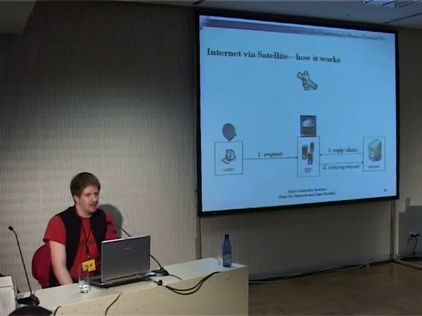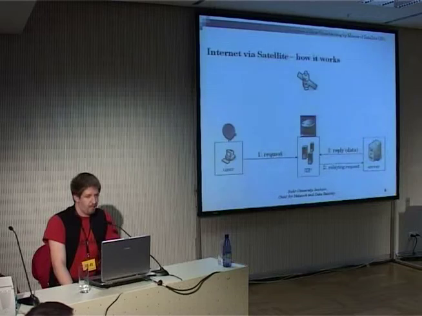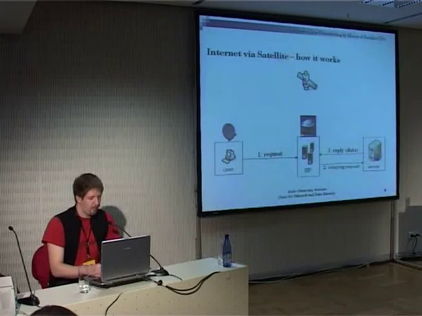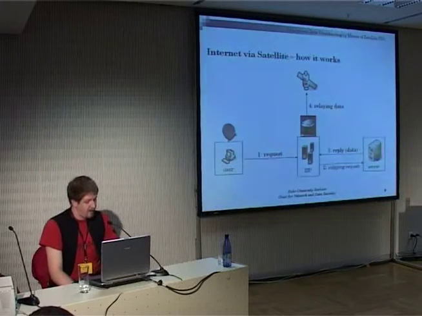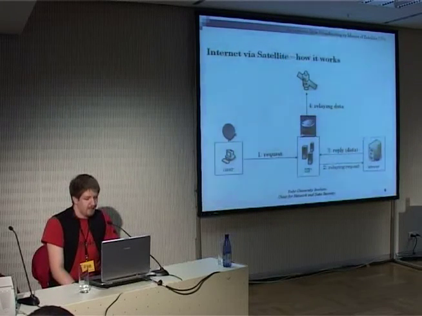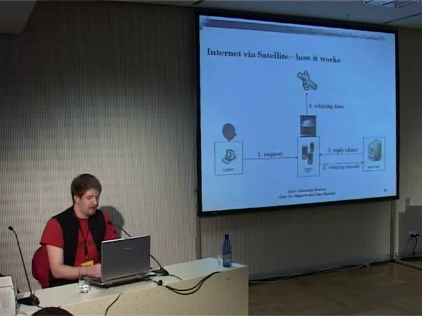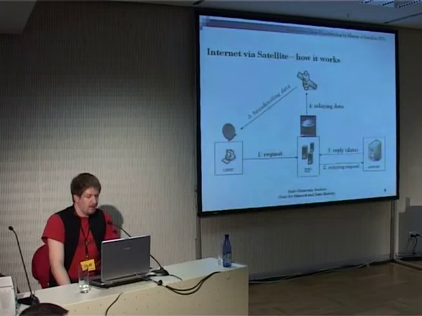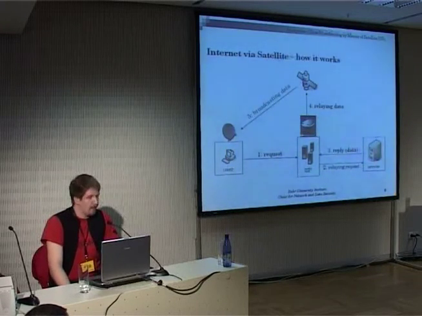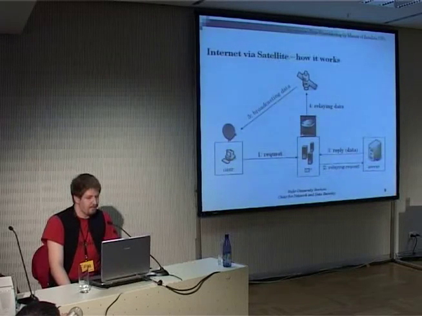And this signal is relayed from the ISP's ground station to the satellite. The satellite, on its part, broadcasts the data back to the user, who is running a piece of software on his PC which completes the TCP communication transparently to the application or the operating system.